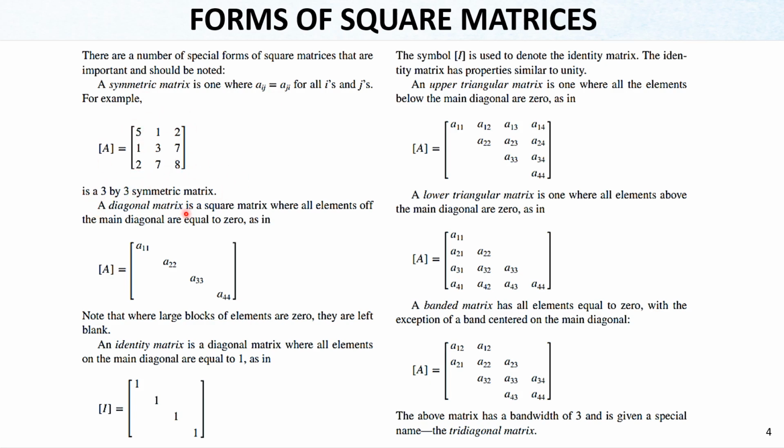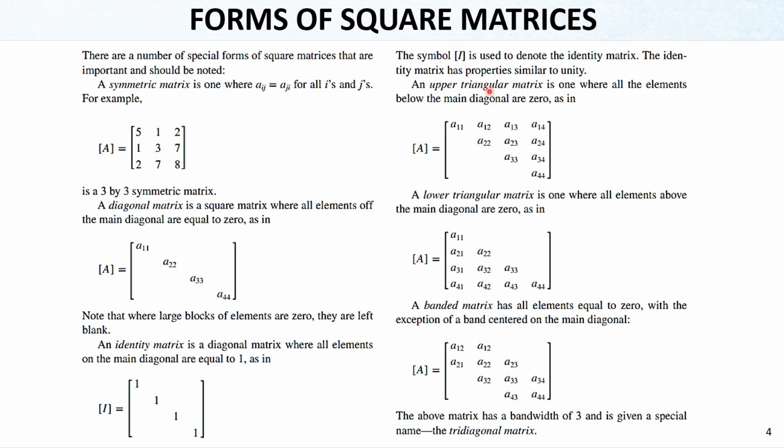A diagonal matrix is a square matrix where all the elements except the diagonal terms are 0. If the diagonal terms are 1, it's called identity matrix. So the diagonal terms are 1 in the identity matrix, but the rest is 0. We use I as the definition of identity matrix.